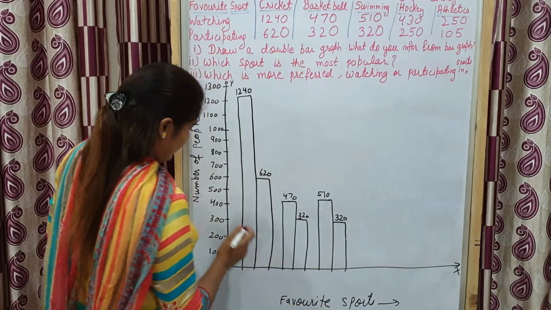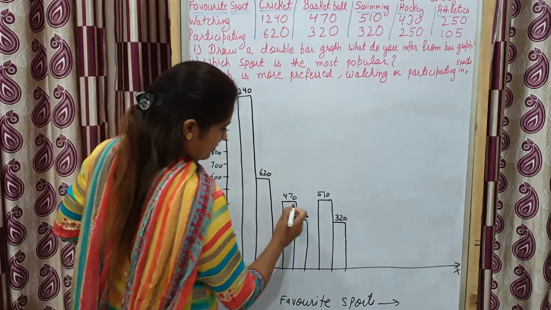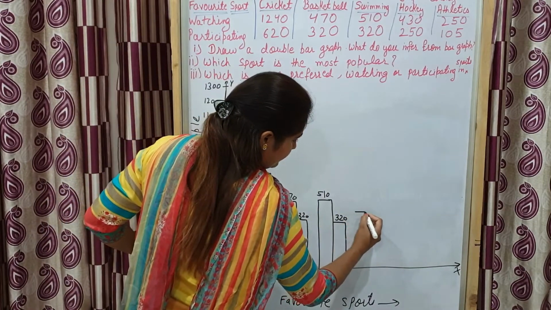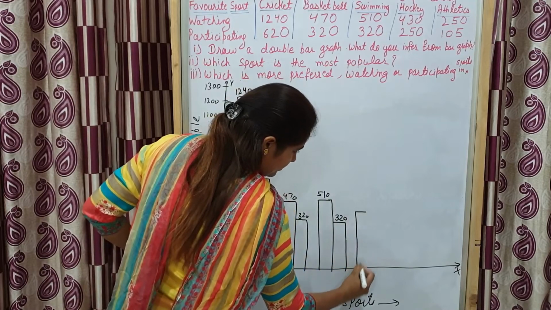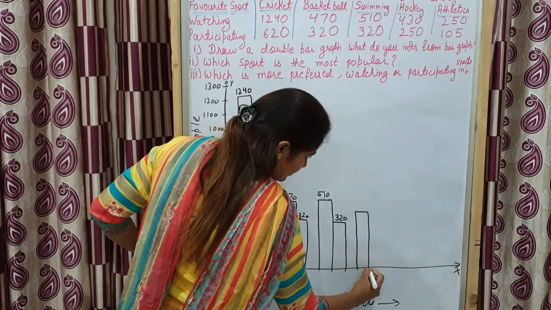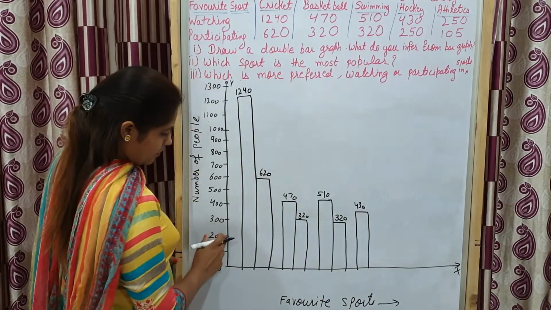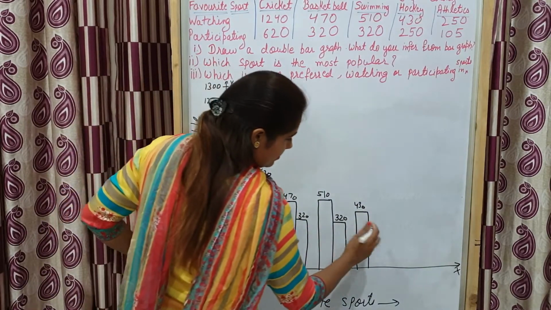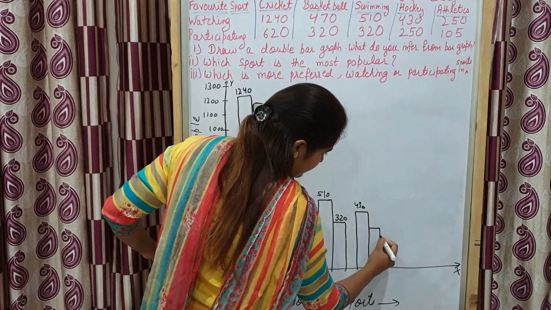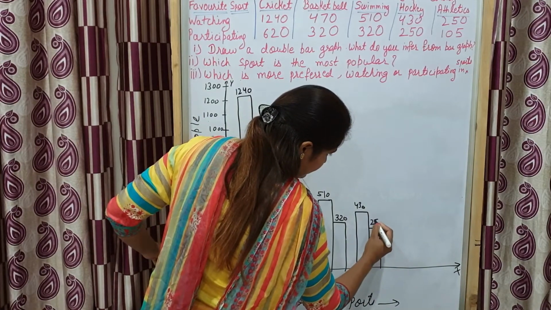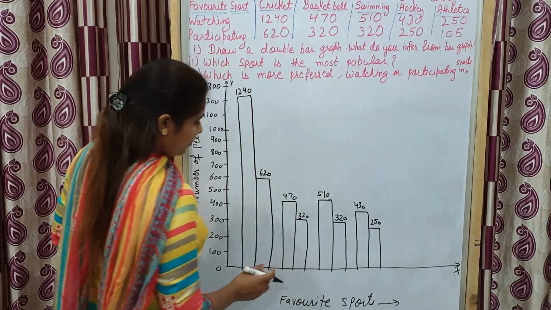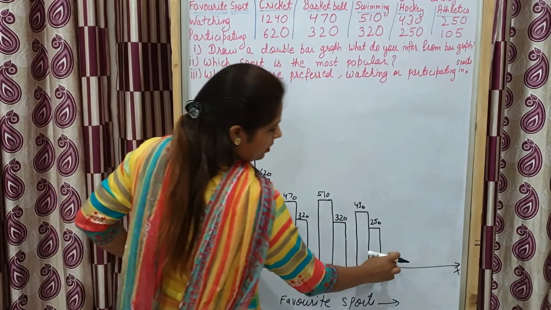Then 430. Then 250, between 200 and 300. Then again 250, we will leave a box.